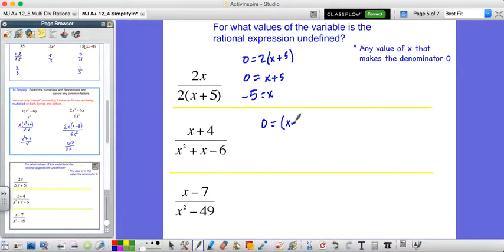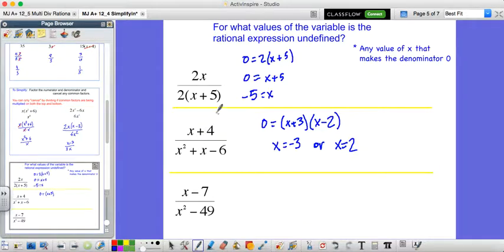Well, positive 3 and negative 2. Oh, x minus 2, sorry. And then we know from solving this from chapter 9 that x has to be equal to negative 3 or x is equal to positive 2.